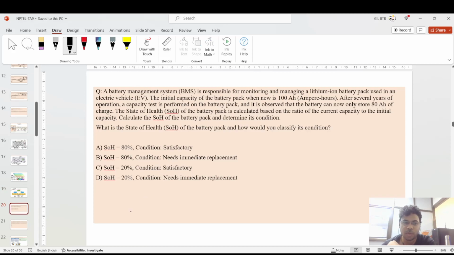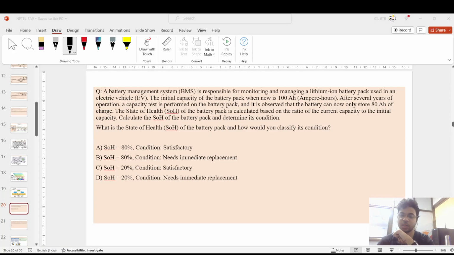Okay, you can go for the second life cycle of the battery. So based upon that, this is one of the questions on state of health. You have to tell me which options are correct, what is the correct SOH, and what is the condition of the battery pack.